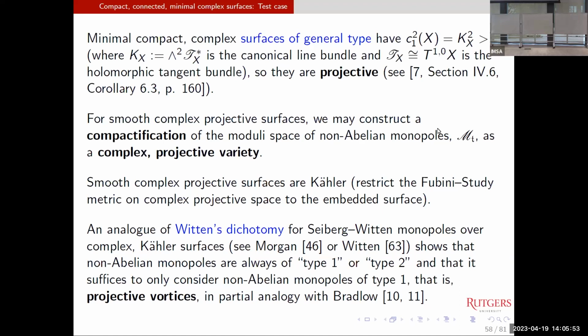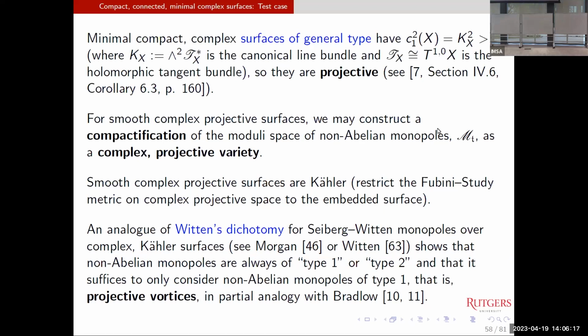One thing to mention before we discuss this: there is a version of Witten's dichotomy for Seiberg-Witten manifolds. If you remember from the early days of Seiberg-Witten, the manifolds have two types, so-called type 1 and type 2.